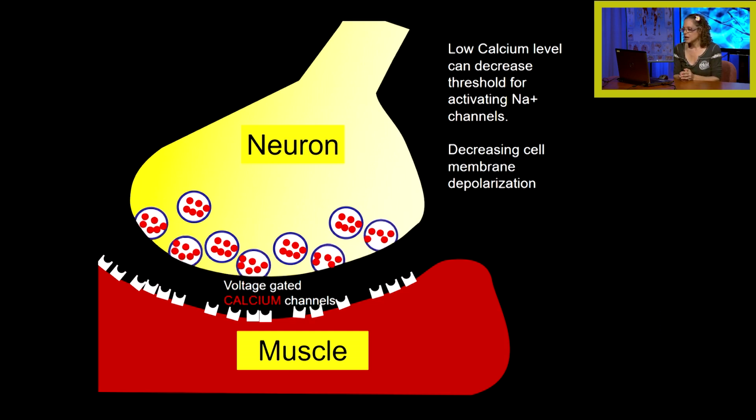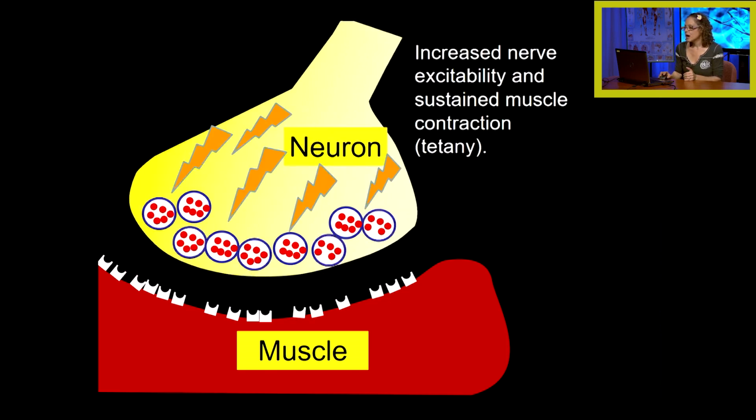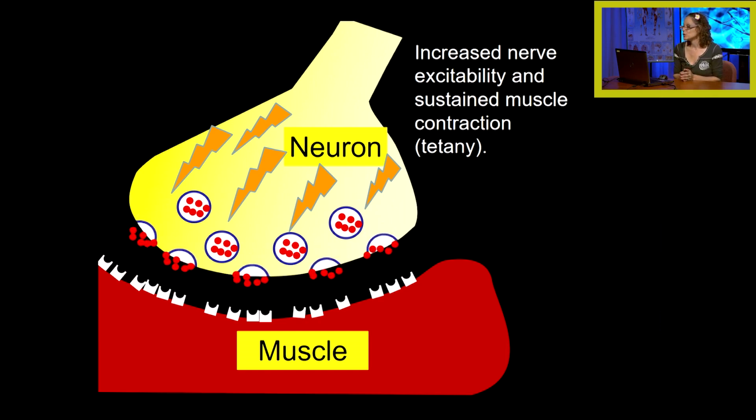And what we've got here is the calcium channel, and the low calcium level can decrease the threshold for activating the sodium channels, decreasing cell membrane depolarization. So what's going to happen if we have increased nerve excitability and sustained muscle contraction? This is referred to as tetany.